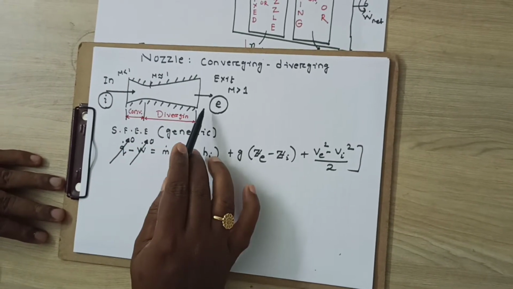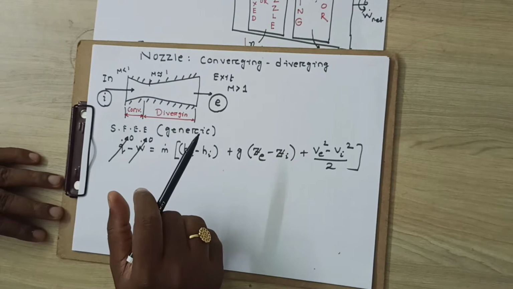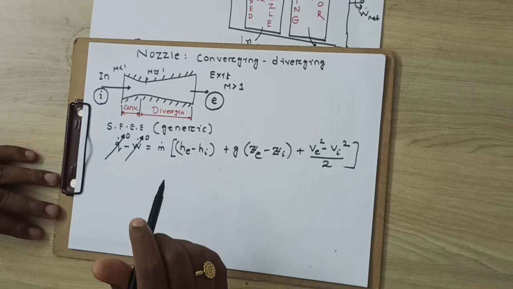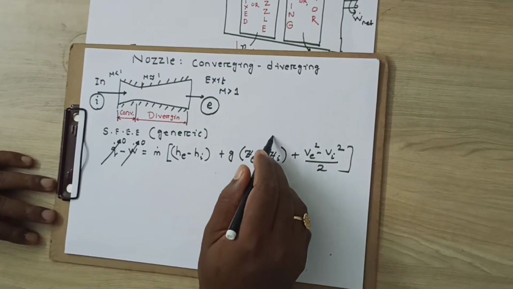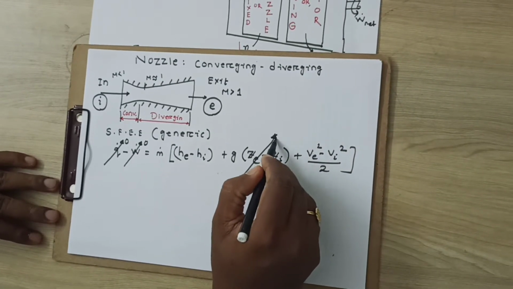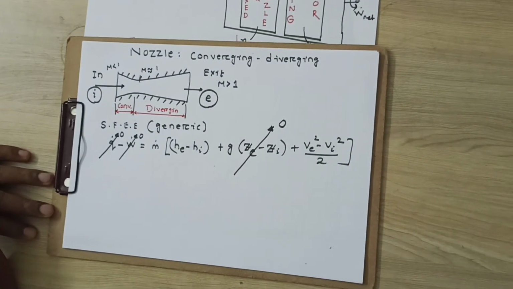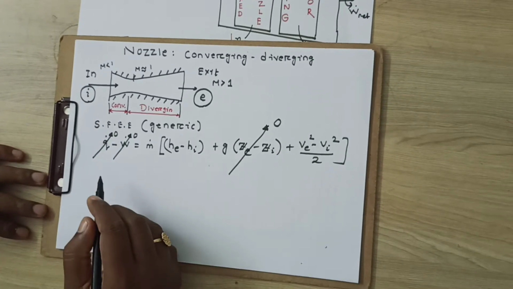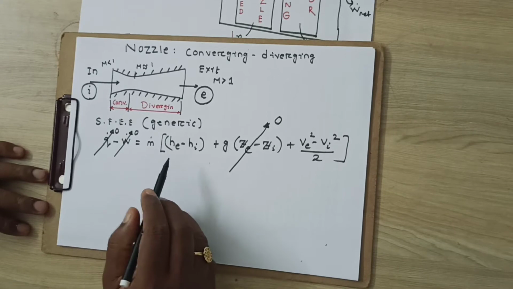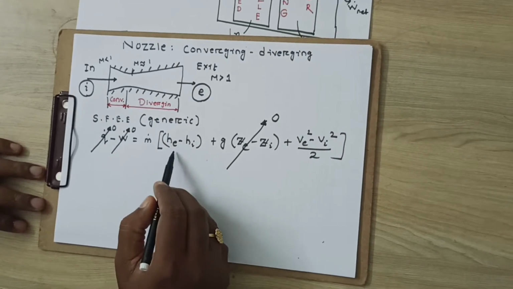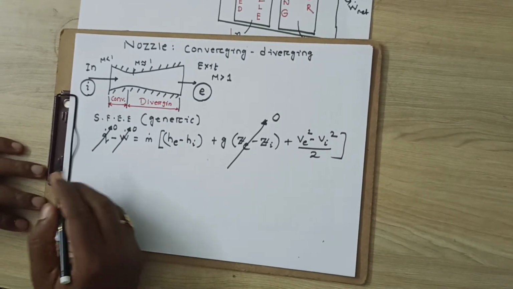The potential energy at inlet and exit are more or less the same, so the change in potential energy can be neglected, or taken as zero. Now the only terms we have are the change in enthalpy and the change in kinetic energy.